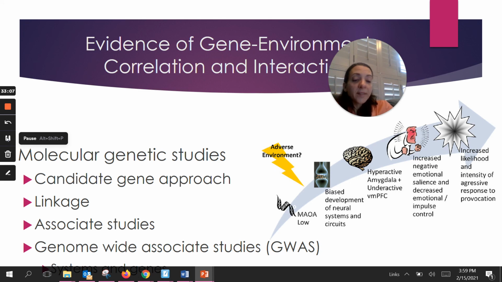GABA has a specific receptor, GABRA2, that's associated with disruptive behaviors and substance abuse. However, parental monitoring may moderate the effect of GABRA2 in externalizing problems. So again, that environmental influence might actually make the outcome of genetics less.